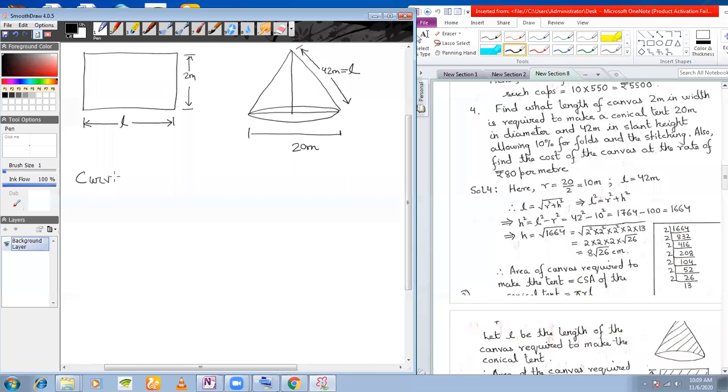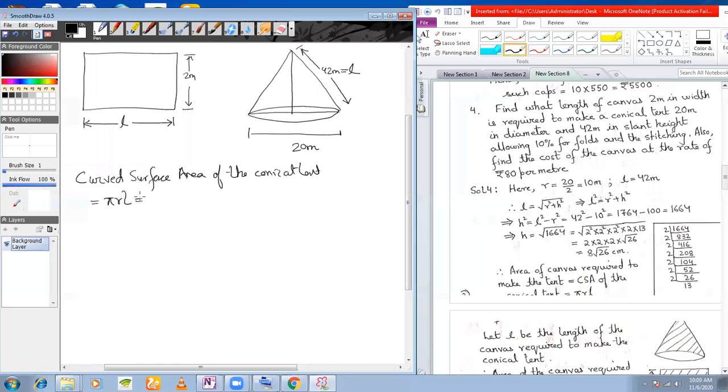So the curved surface area of the conical tent is equal to pi RL.